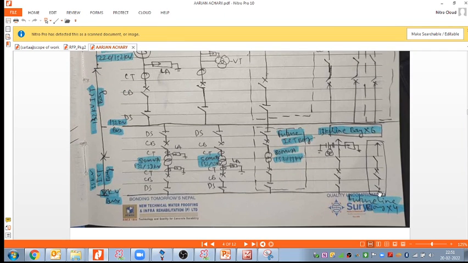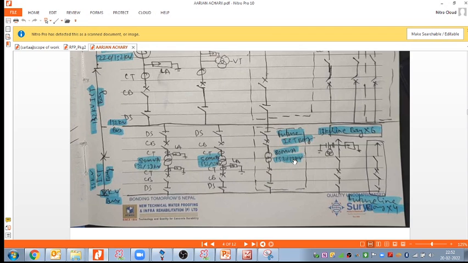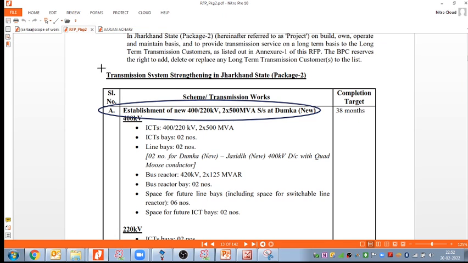Yes, sir. That is the 33 kV bus. Why did you connect 50 MVA two number? So why 80 MVA? Sir, for the future ICT, there is 80 written. Okay, I got it, you have taken the future as per this.